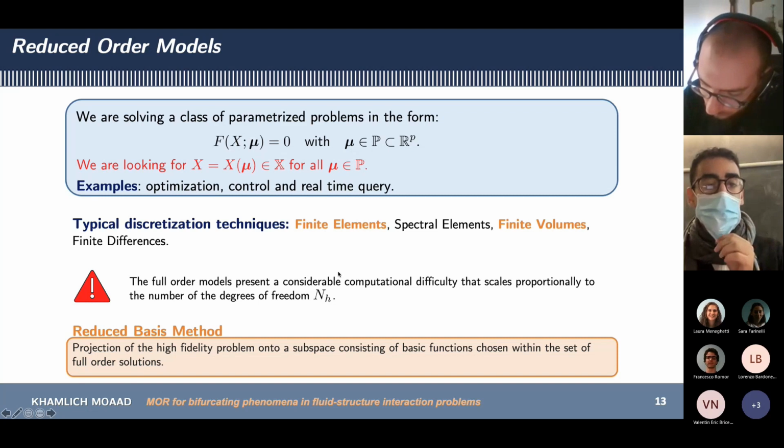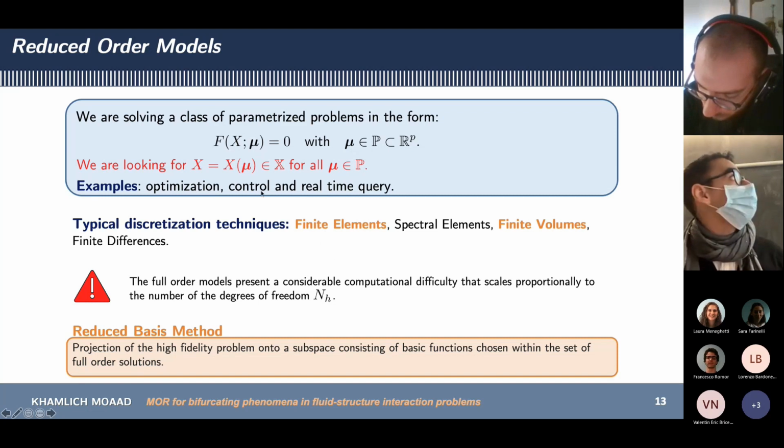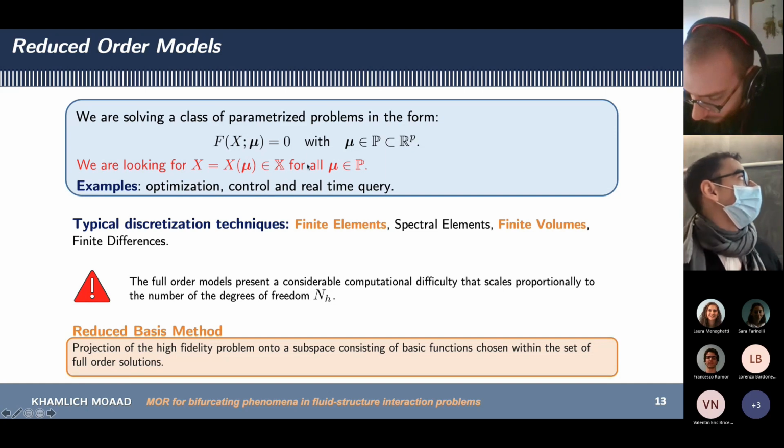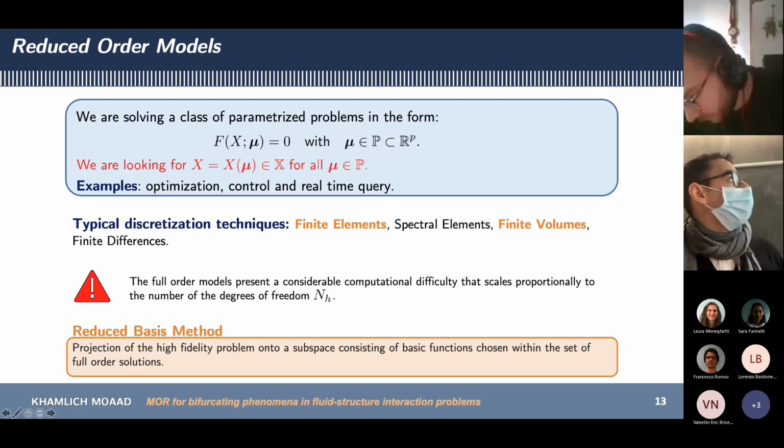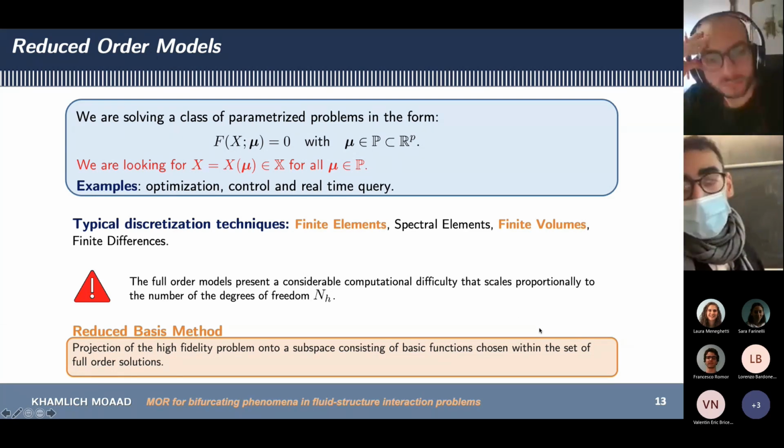And this is an issue whenever one needs to solve a lot of instances of the same problem. And so the question is, if I need to compute a lot of solutions to the same problem and just change the values of the parameter, do I need to restart every time from scratch? And the answer is no.